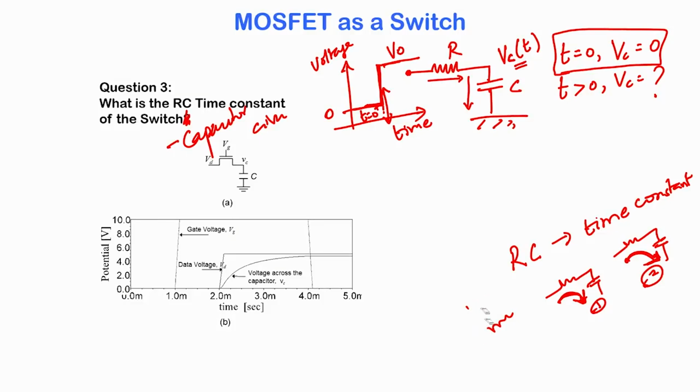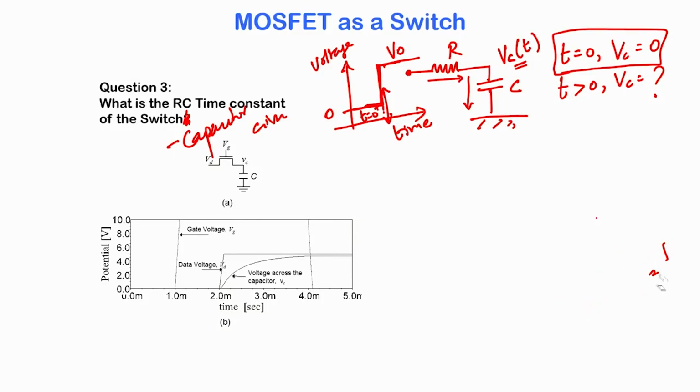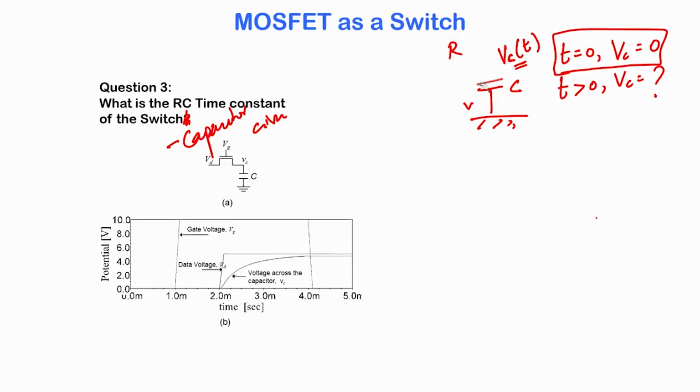So, we need to find the RC time constant. What is the time constant of the switch capacitor circuit with the MOSFET? That is the purpose of this slide. Now, after this discussion the answer is quite simple. It is simply the output impedance of the MOSFET multiplied by the capacitance, and that gives you a good enough answer.